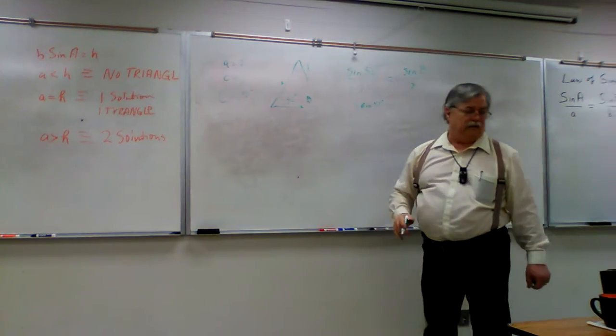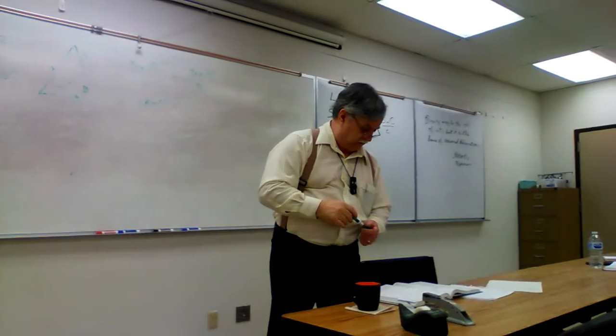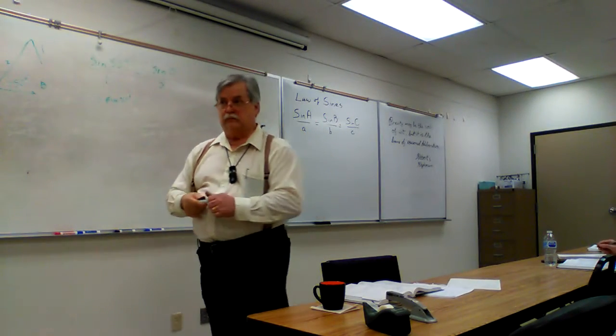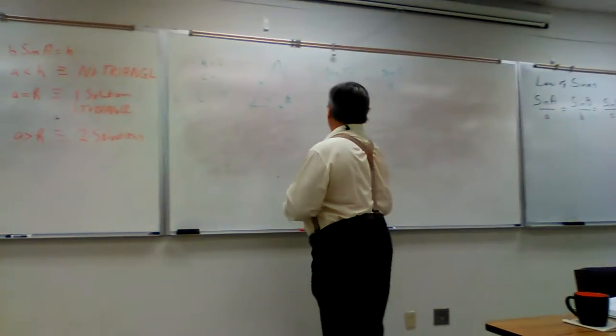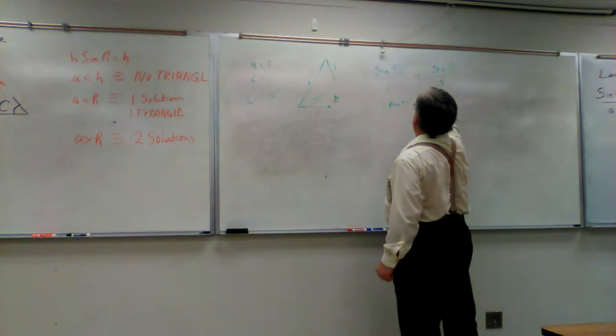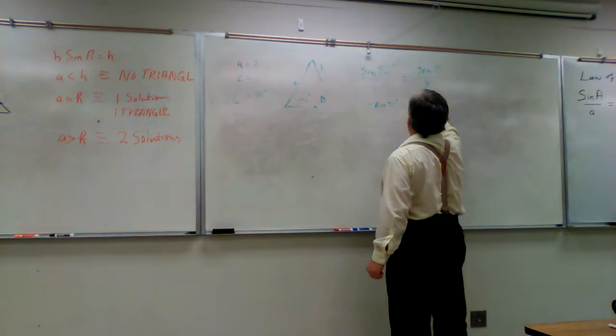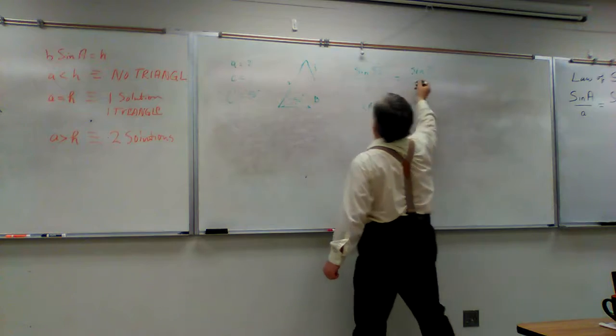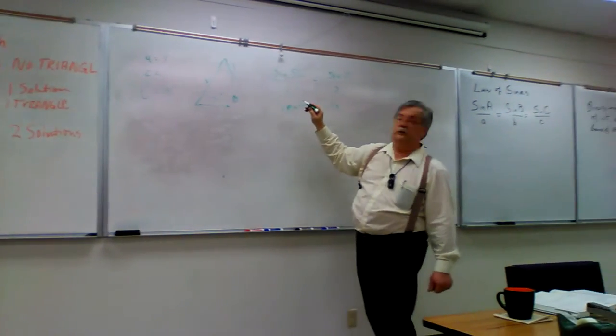So what is 2 times the sine of 50 degrees? 1.53. Does everybody see how I got to that solution?